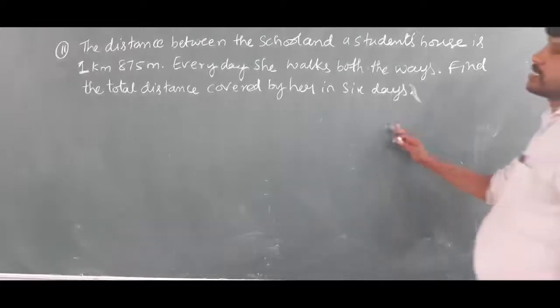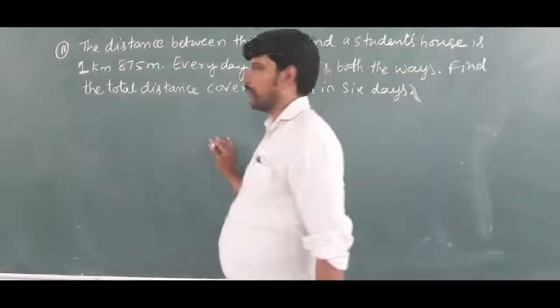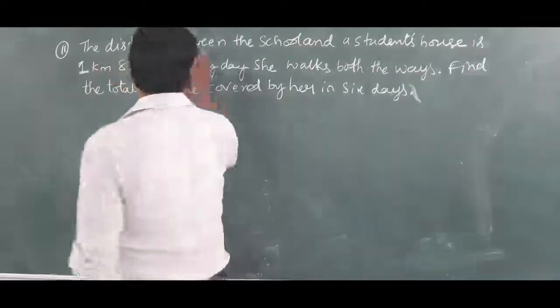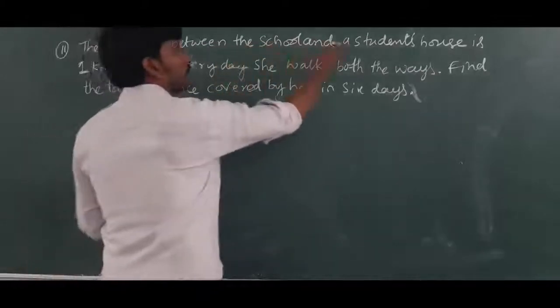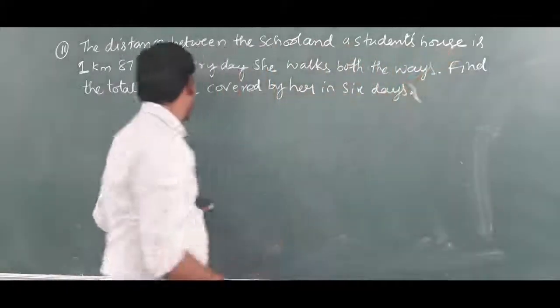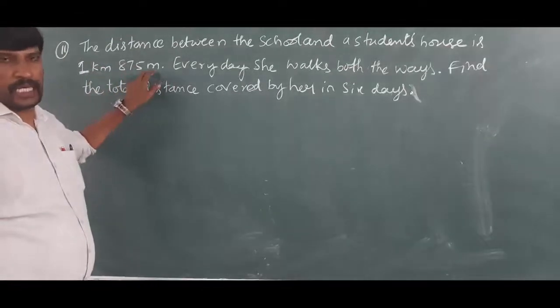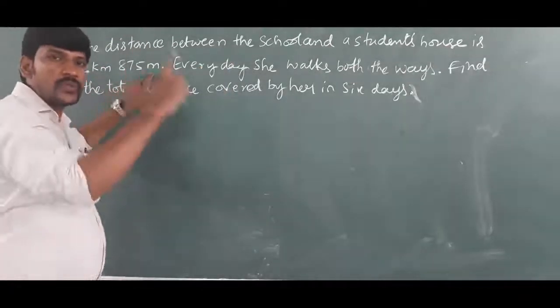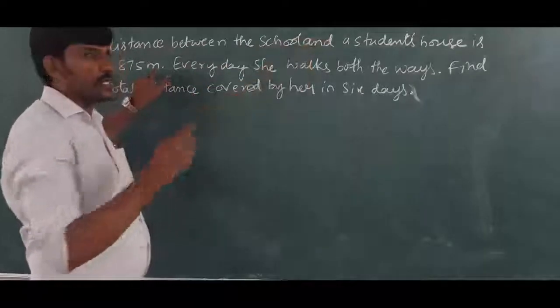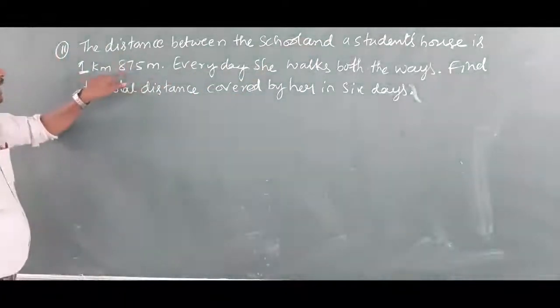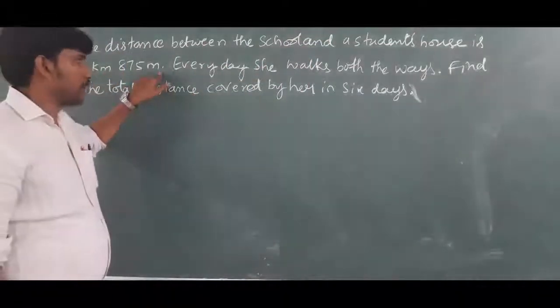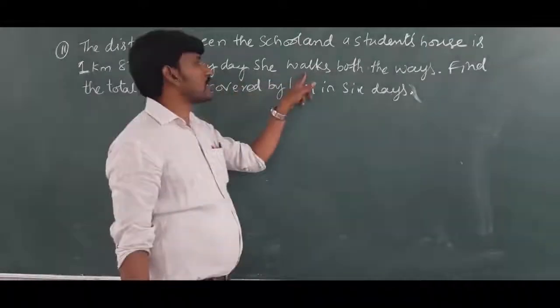Right, children. Let us discuss question number 11. The distance between the school and a student's house is 1 kilometer 875 meters. Every day she walks both ways.